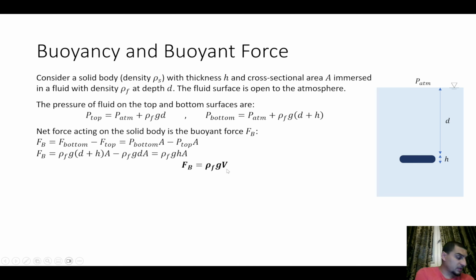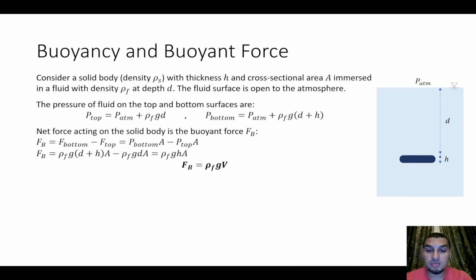Here is a very important point to notice: the volume that we have here is the volume of the solid body, while the density is the density of the fluid. They are two different things. This is the fluid density and the solid body volume.